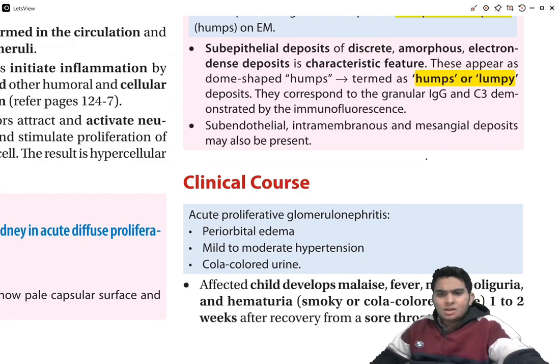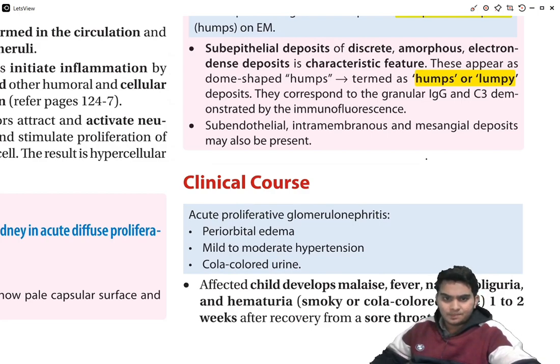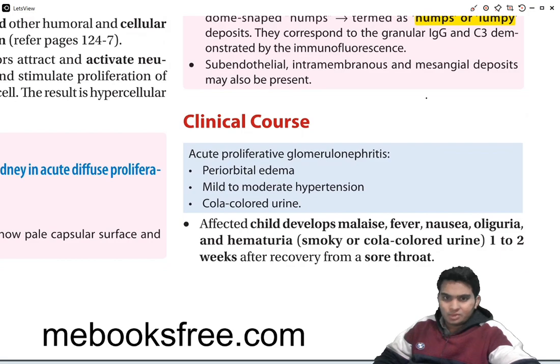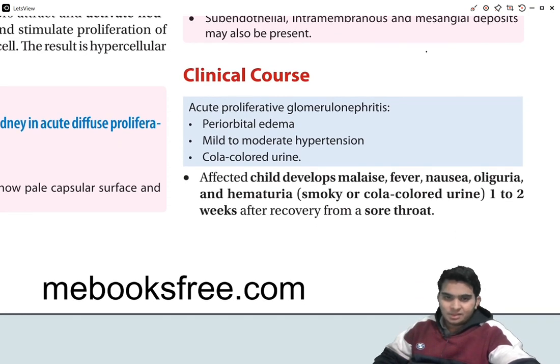Now, let's talk about the clinical course. Acute proliferative glomerulonephritis presents with periorbital edema, mild to moderate hypertension, and cola-colored urine, mainly affecting children. The child develops low-grade fever, nausea, oliguria, and hematuria.